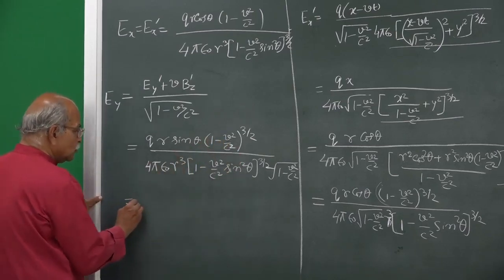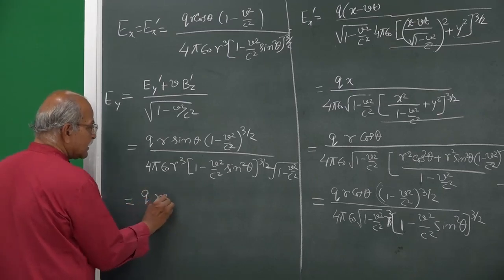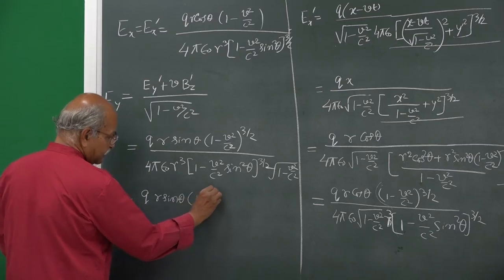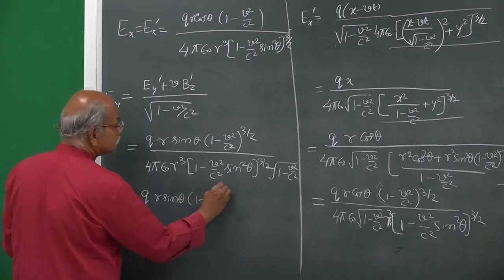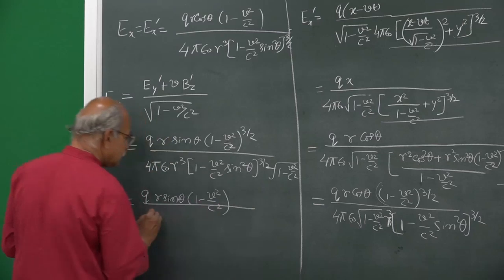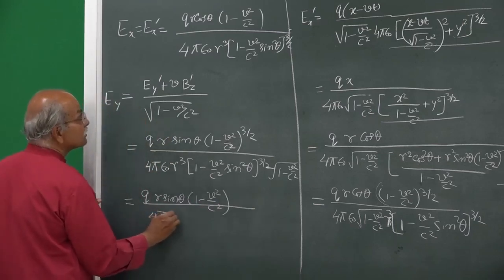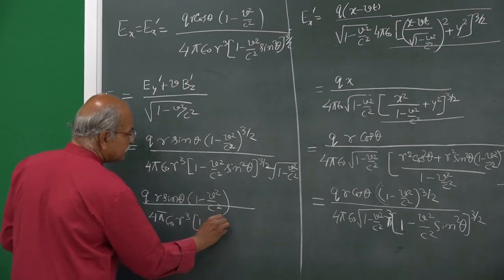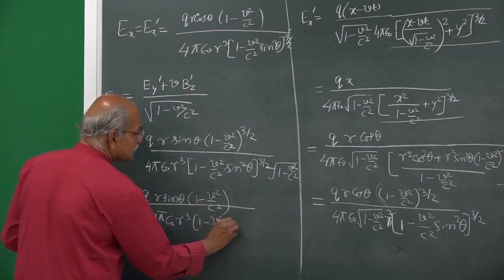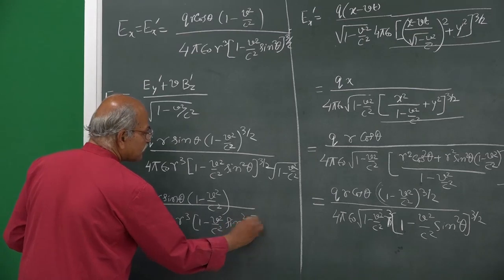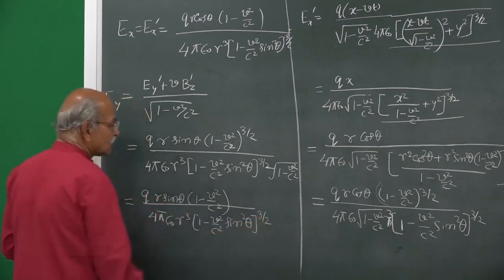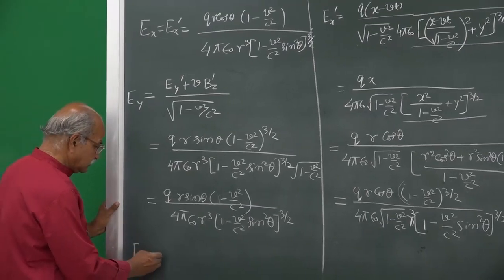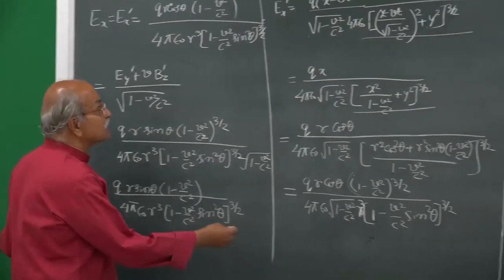So, this is q r sin theta and (1 minus V square by C square) divided by 4 pi epsilon naught r cube and (1 minus V square by C square sin square theta) to the power 3 by 2. And of course, Ez is 0, because here also Ez prime was 0.